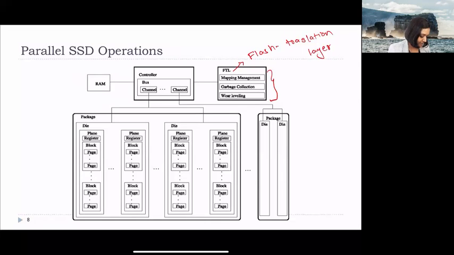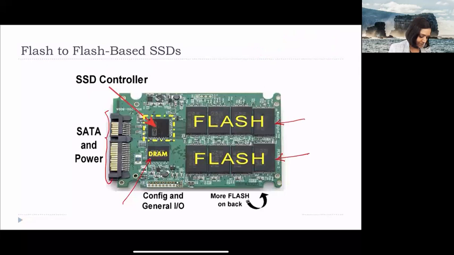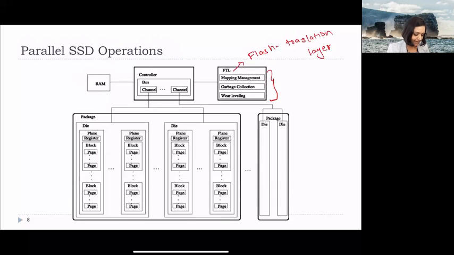But inside this black chip of flash that we saw in this figure, what do we have? That's a package. The black chip that we are seeing is a package. Inside each package, we have multiple dies. Inside each die, we have multiple planes.